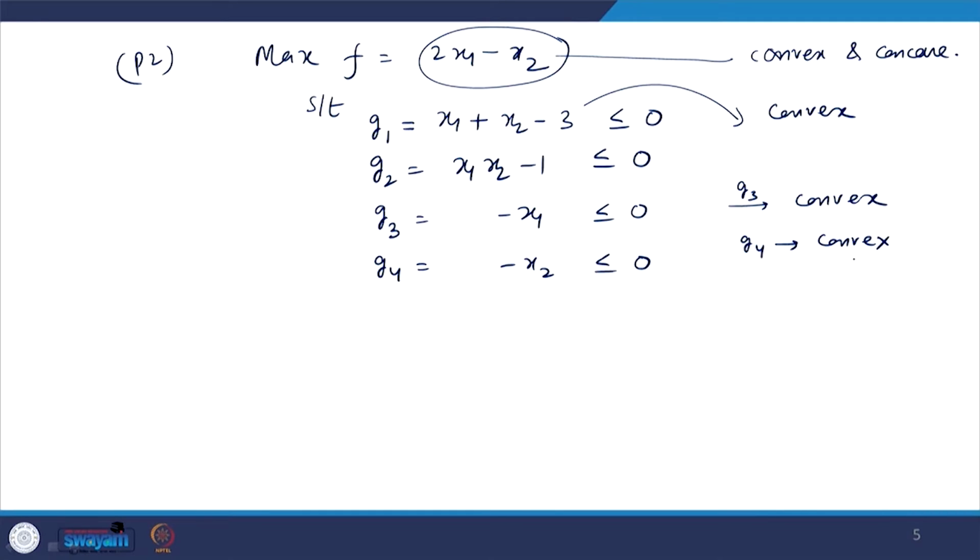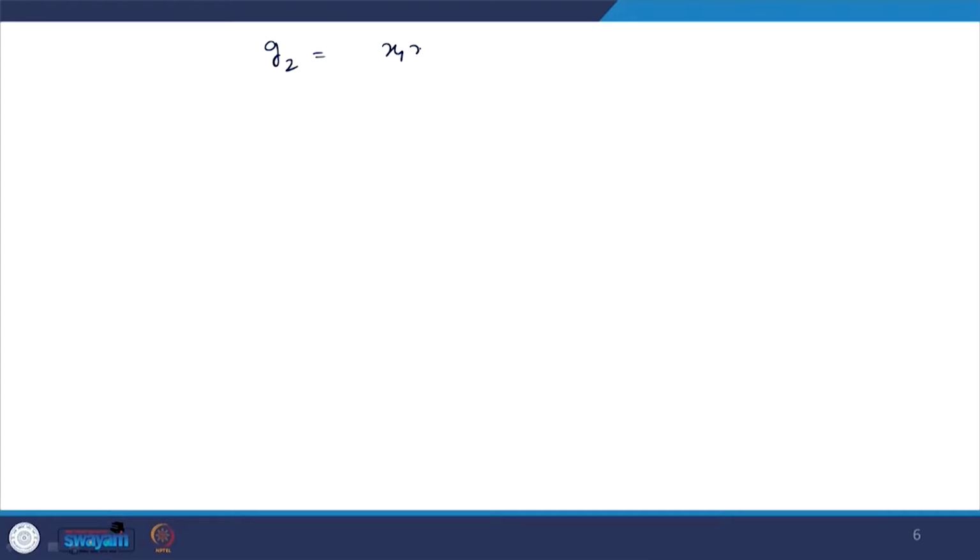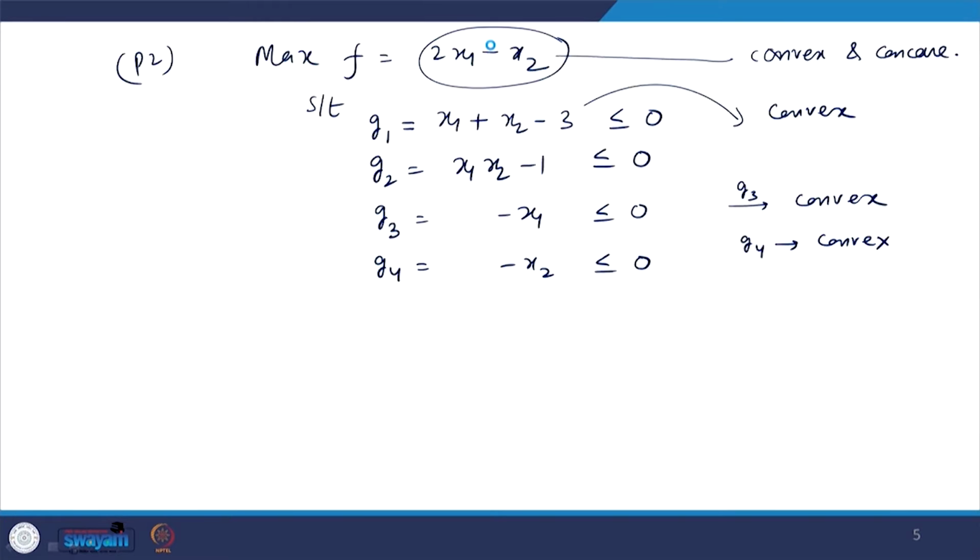Now, we need to check only for G2. So, let us see whether G2 is convex or not. If it is convex, then it will be a convex programming problem, otherwise it will not be a convex programming problem. So, what is G2? G2 is x1 x2 minus 1.